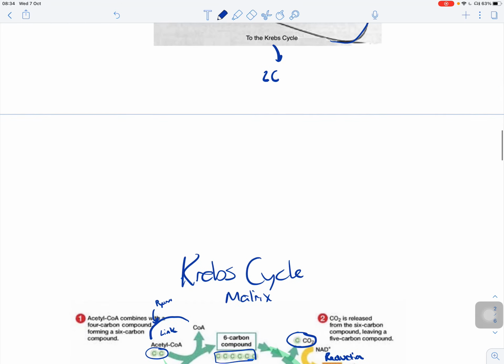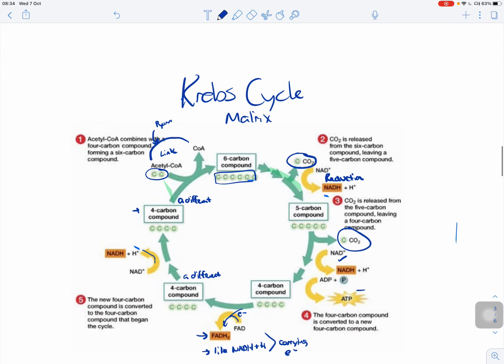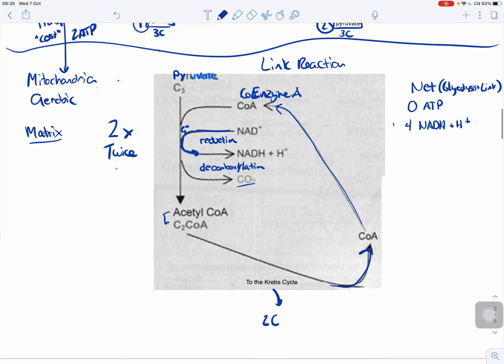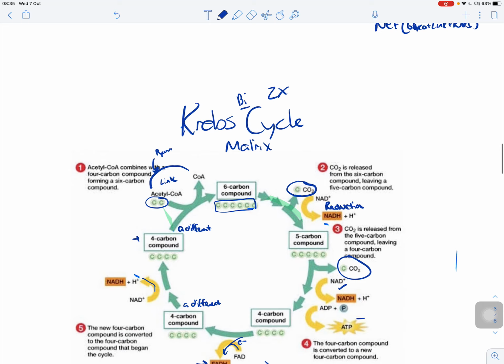So looking at our net here, so now we have glycolysis, link, and Krebs. So here we've made 1 ATP molecule. But remember, this is the Krebs cycle, right? This turns twice because we have 2 pyruvate here, it makes 2 acetyl coenzyme A. So this spins twice.